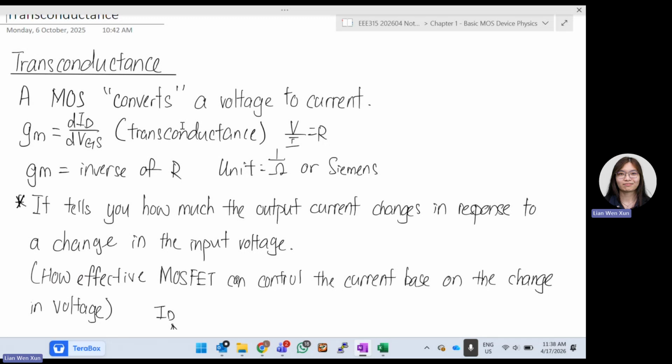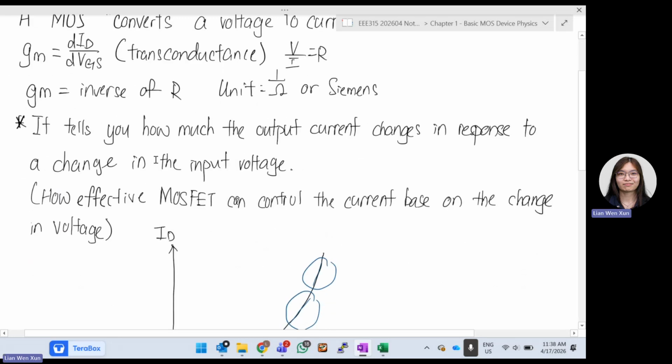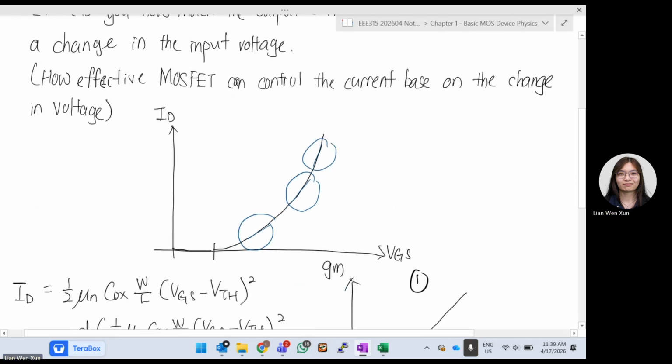So in this case, we say that whenever we change some voltage, we will get this current. So it is the derivative of ID divided by VGS. So it will tell us how much the output current changes in response to a change in the input voltage.